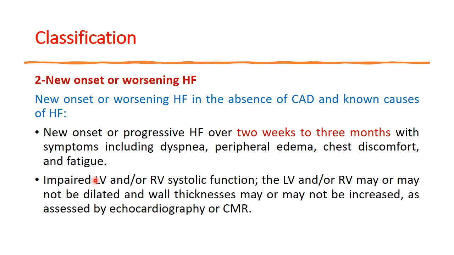We can notice impaired left ventricular and or right ventricular systolic function. Left ventricle and or right ventricle may or may not be dilated. The wall thickness may or may not be increased as assessed by echocardiography or cardiac MRI.